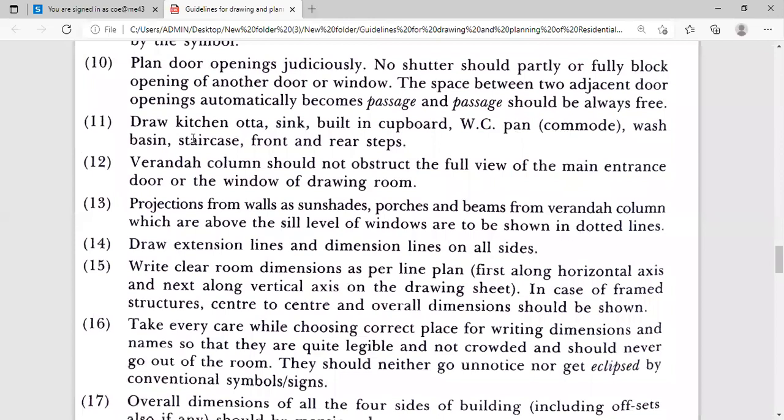Also, you have to show its dimension, means what is its width, whether you are going to provide an L-shaped kitchen ota or only rectangular. Then after that, whatever sink is there, that sink should be 1 meter away from the gas segdi, okay. So whatever gas segdi is there, its position also you have to show there, okay.